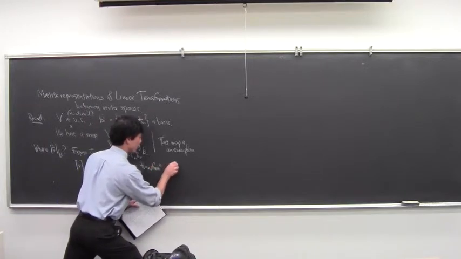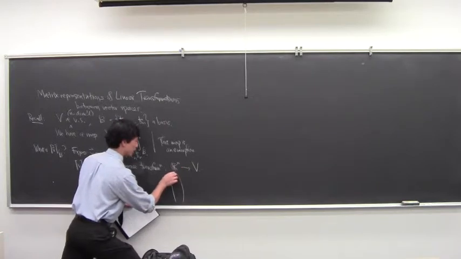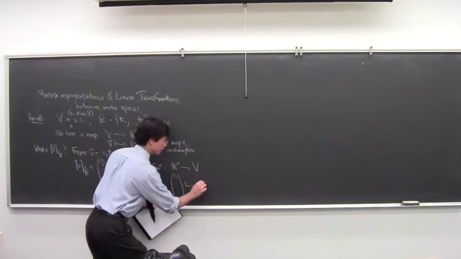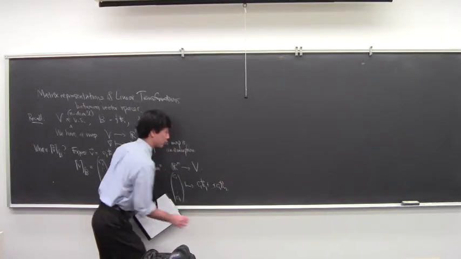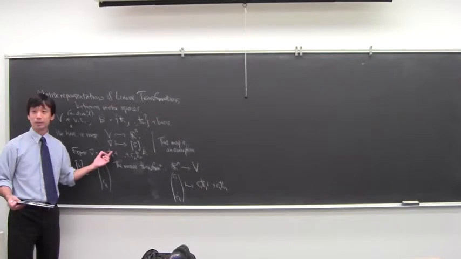You start off with some numbers c1 through cn, and you return to a vector, c1 v1 plus ... plus cn vn. And clearly this map reverses what the coordinate map does.